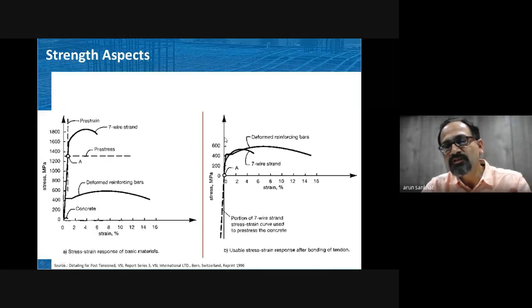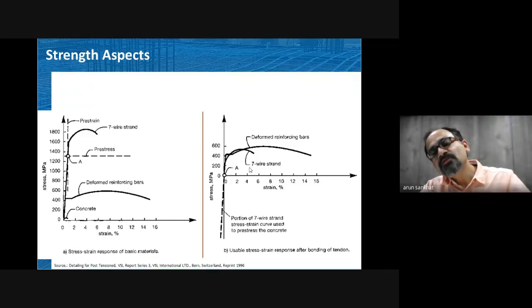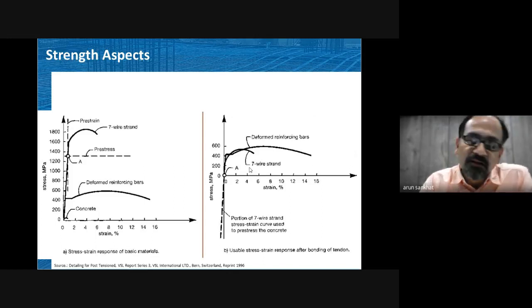This is a composition of all three values. Means concrete is there, steel is there, HYSD steel is there, and say for example in this case a bonded PT is there, right? So everything is bonded. Concrete is there, steel is bonded with concrete, as well as PT is also indirectly bonded with the concrete through grout and through the duct.